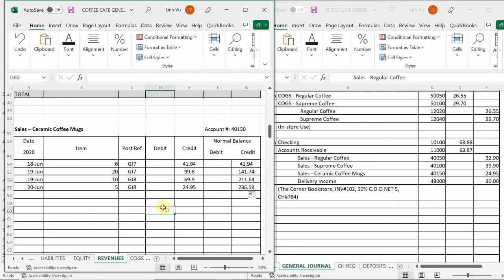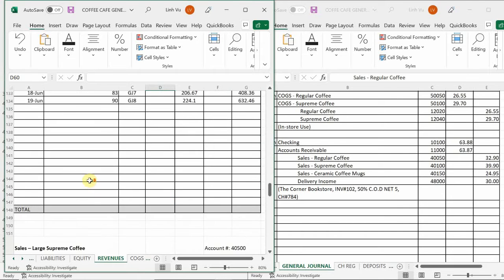And then last but not least, we have some delivery income.